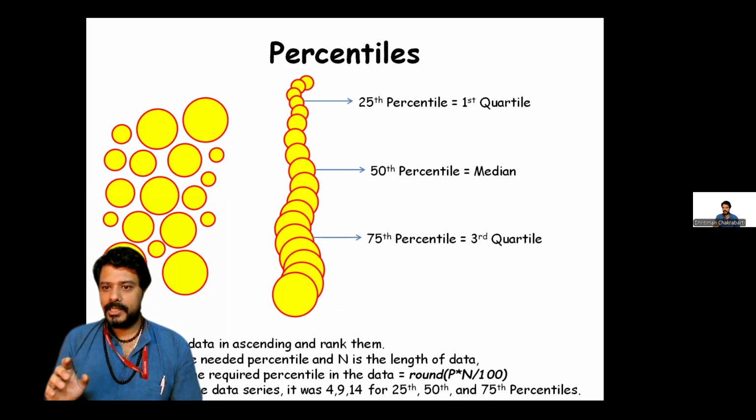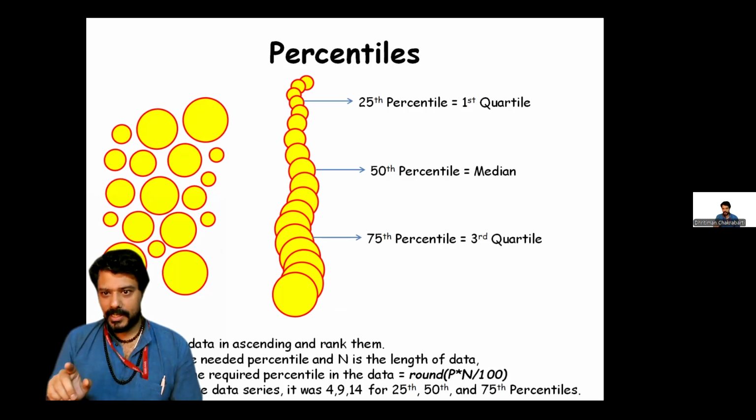Okay, now let's interpret it in terms of median and quartiles. So basically median is the 50th percentile, meaning that it's like the middlemost value. Now what that tells you is that whatever value your median is, 50% of the data is less than the value of the median.